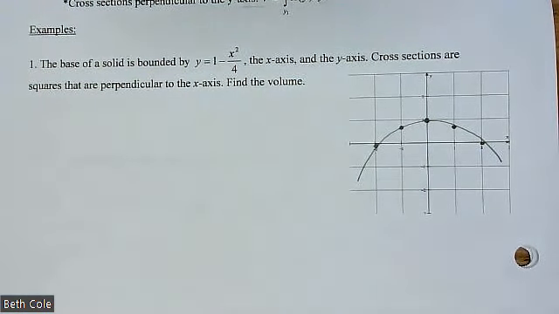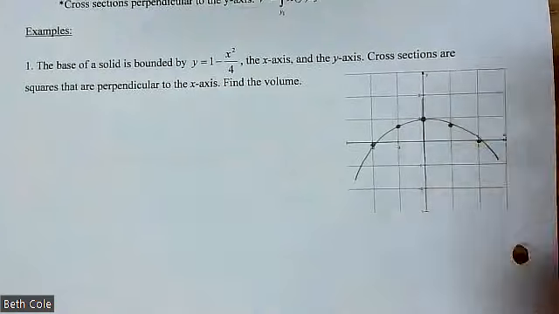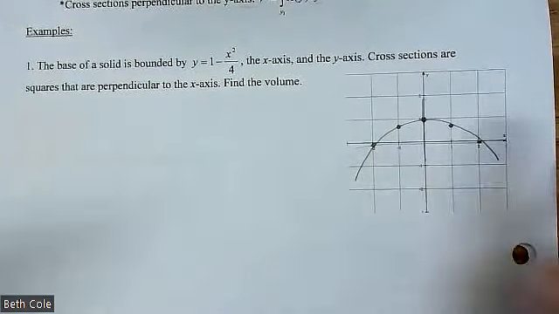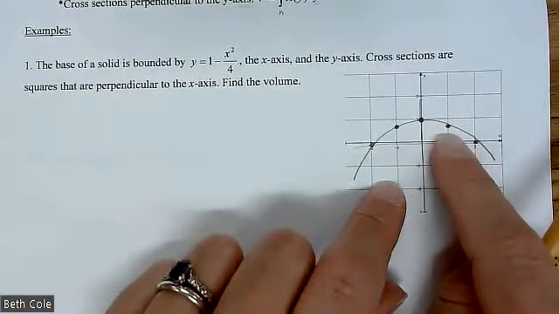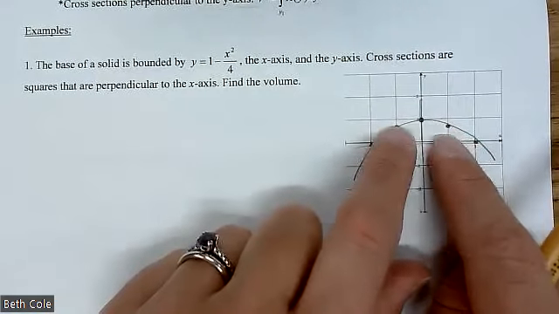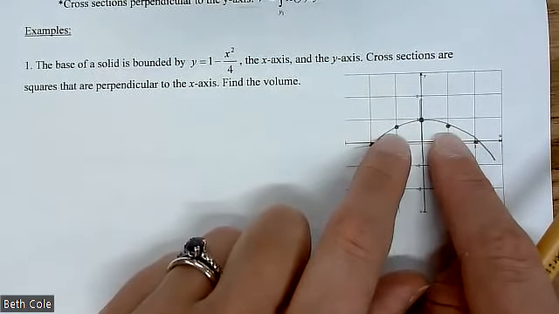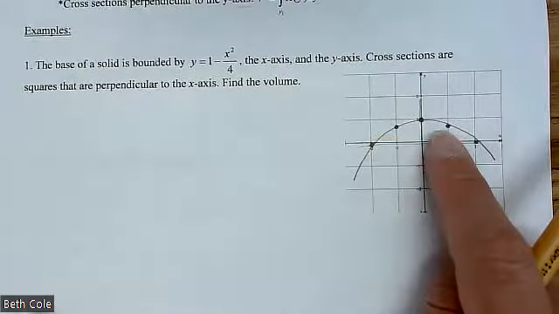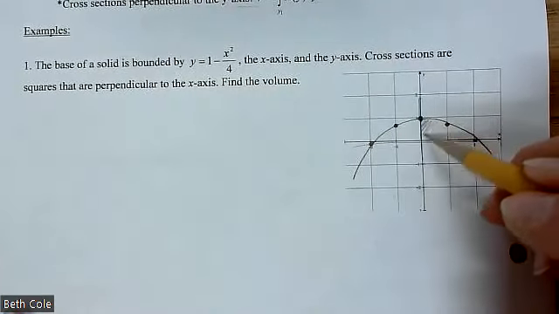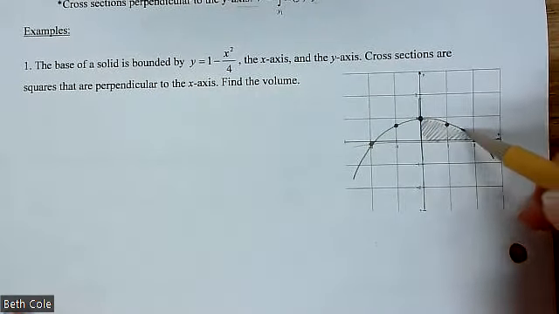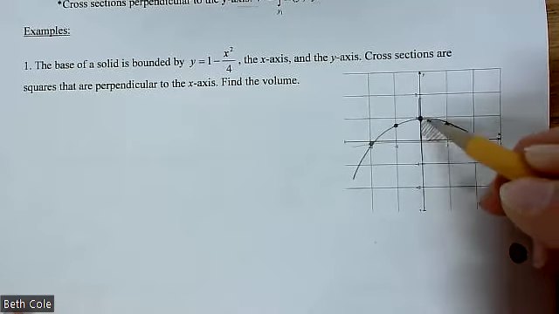And then it says the x-axis and the y-axis. So you either have this area right here or this area right here. Does it make a difference? No, they're the same. So if you have a choice, pick the positive one because life is just going to be easier. We're going to use this as the base of this three-dimensional object.